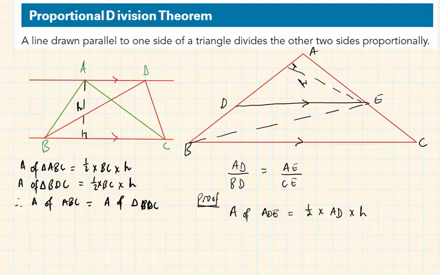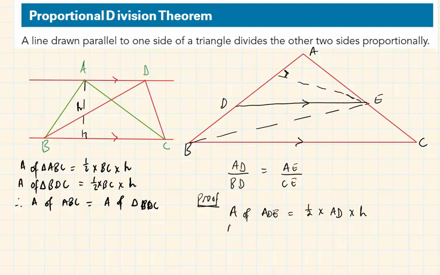So if I were to drop a perpendicular again, maybe this drawing is a little bit misleading, so my height could look something like that to make a 90. So that is going to be 90 degrees there. So the highest point of triangle ADE is the same as the highest point of triangle EDB.